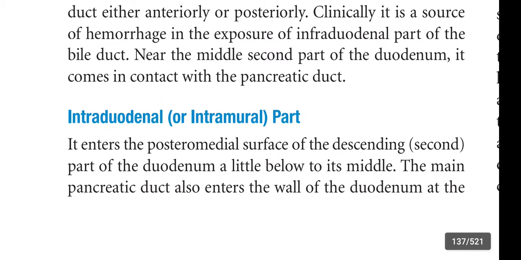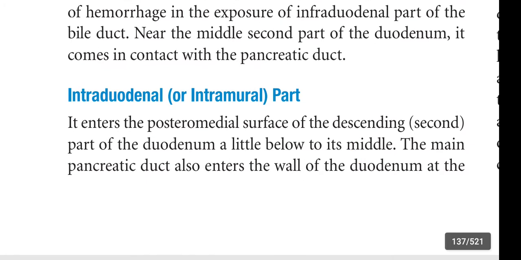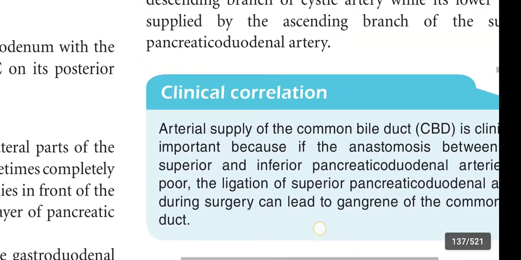the intraduodenal or intramural part. It enters the posteromedial surface of the descending or second part of the duodenum, a little below its middle. The main pancreatic duct also enters the wall of the duodenum.